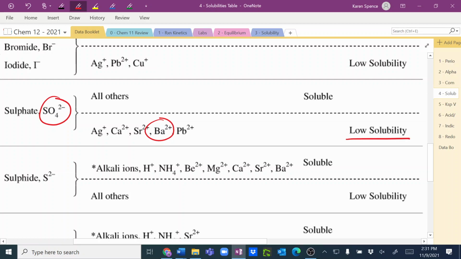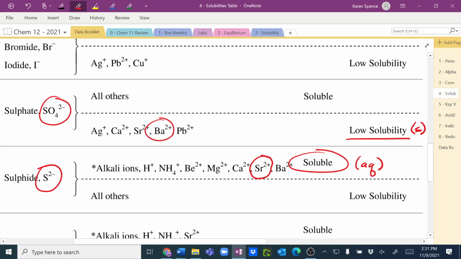Low solubility, what state does that make it? That makes it a solid. Why don't we look up strontium sulfide while we're here as well. Strontium with sulfide is soluble, so that one is going to be aqueous.